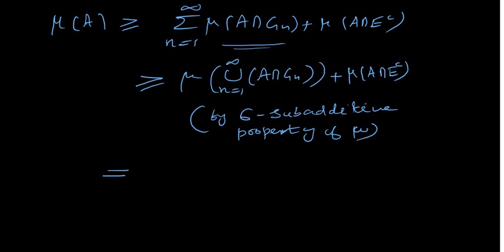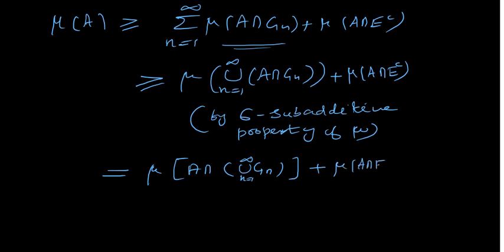This thing is equal to mu of A intersection union Gn, n runs from 1 to infinity, plus mu of A intersection E complement, and that's equal to mu of A intersection E plus mu of A intersection E complement.